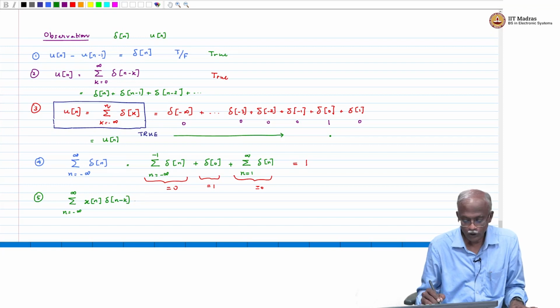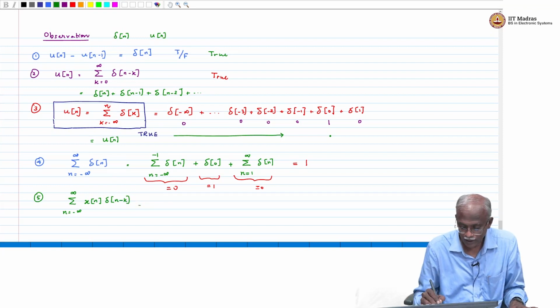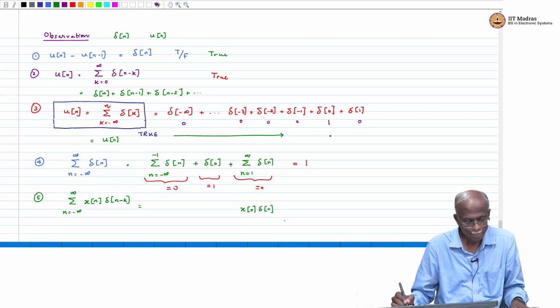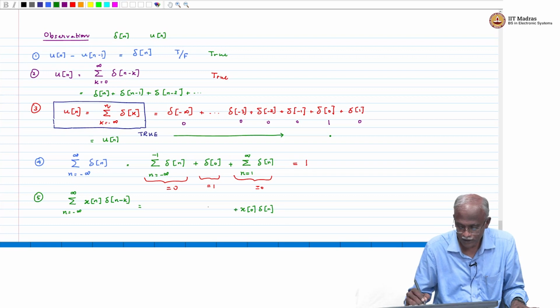Okay. So, write down the samples that you get. The point at n equal to 0, you will get x of 0 times delta of n. The previous sample, x of minus 1 delta of n plus 1.